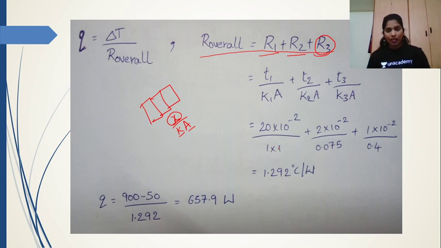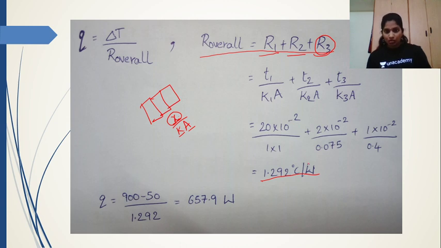Substituting all the data in the formula, you will get the overall resistance as 1.292 degrees centigrade per watt.